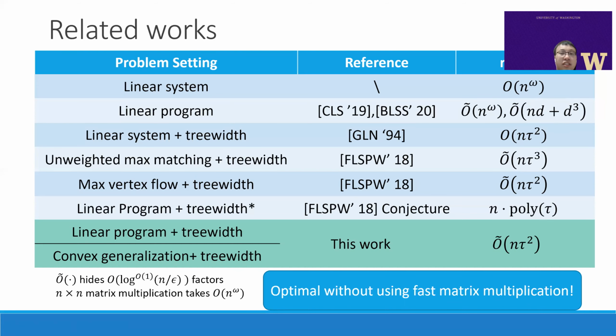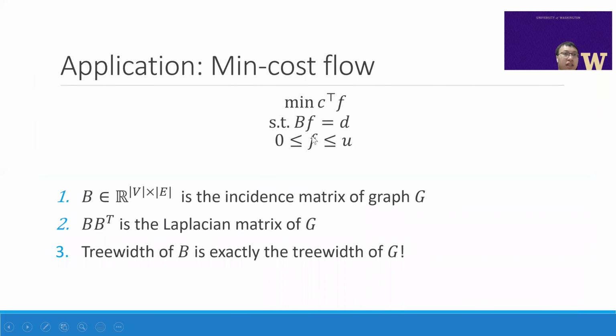Okay, now we list some applications of our work. The most direct application is flow problems. For basically the entire class of flow problems, the matrix treewidth definition matches the definition of graph treewidth. Here, one example is min cost flow, where we want to solve the following linear program.